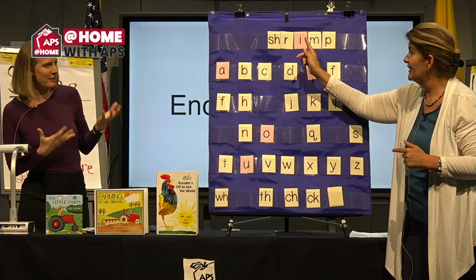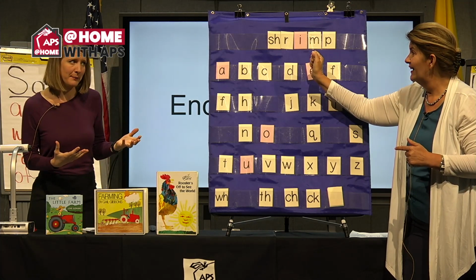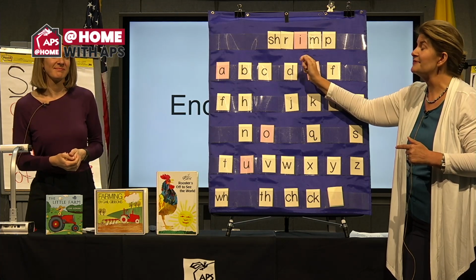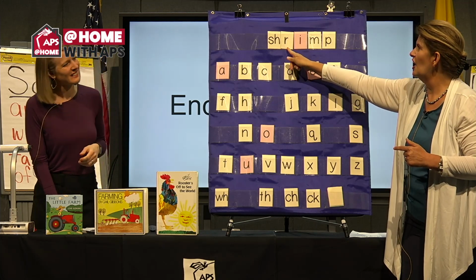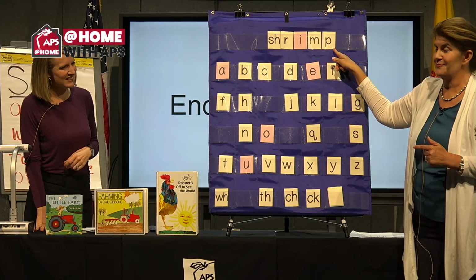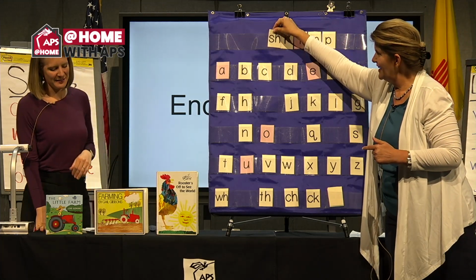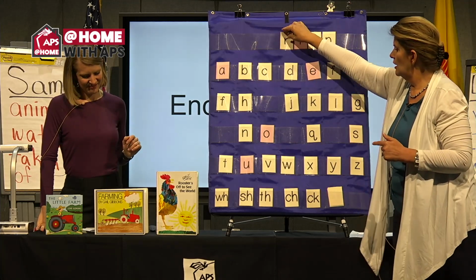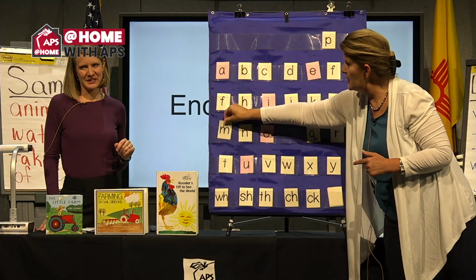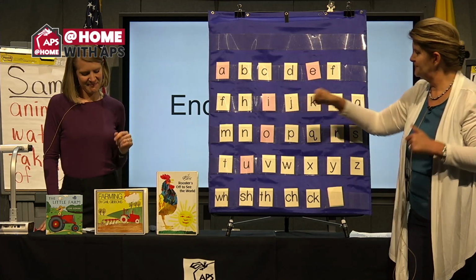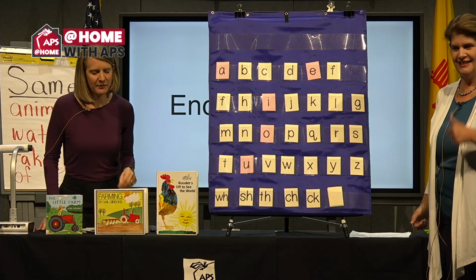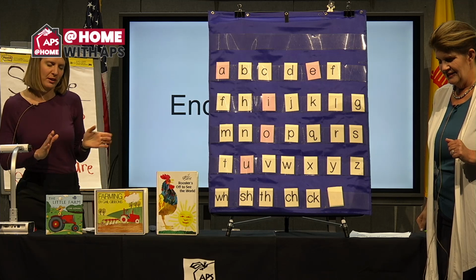And that's exactly what this should do, especially for more complicated words that have digraphs and consonant blends. This was a good one. SHRIMP, shrimp. Perfect. Let's spell it away. SHRIMP. Perfect.